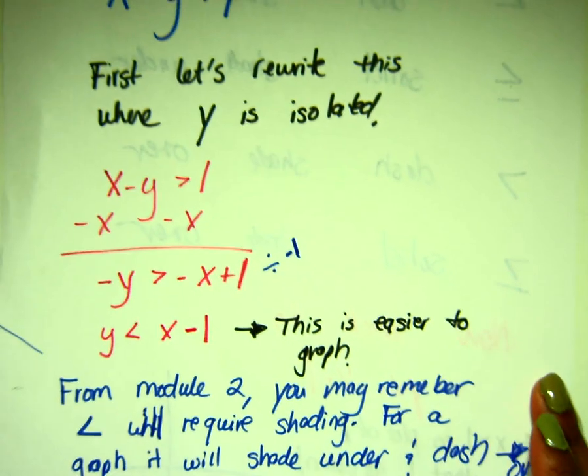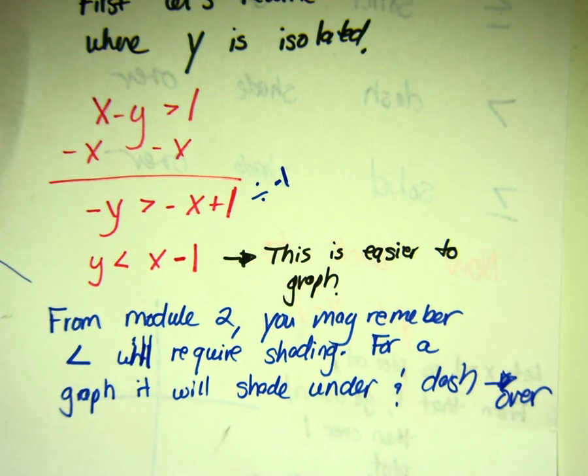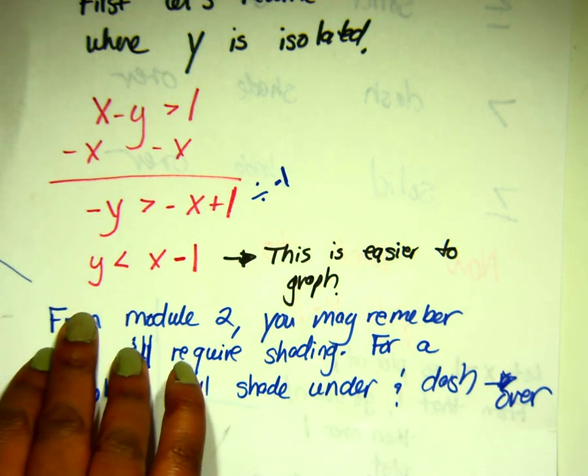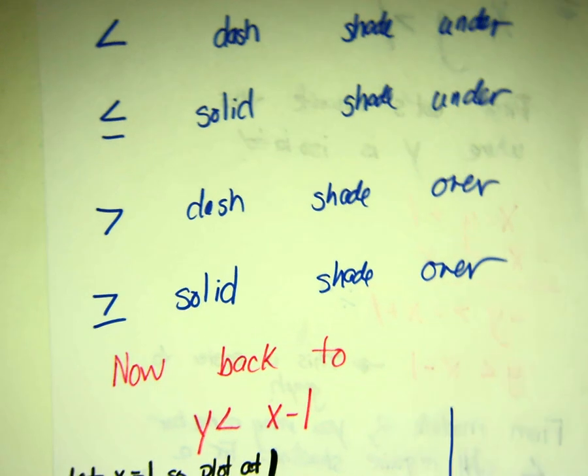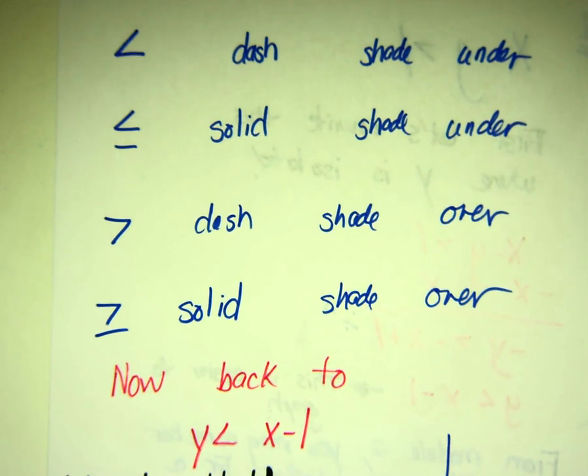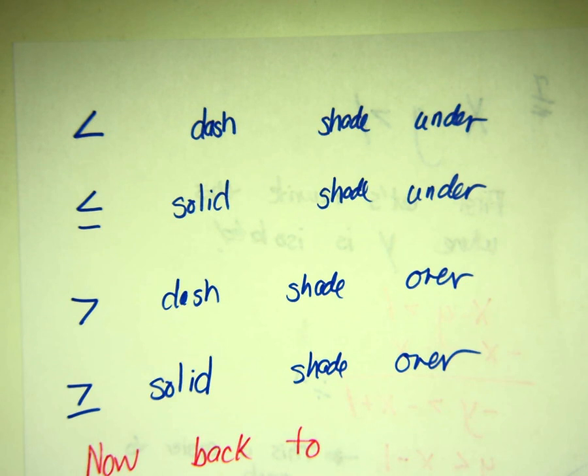Now for Module 2, you may remember that your less than will require shading. For a graph, it will shade under and dash over. So let's go into more details about that. This is an ideal time for you either to pause your video and jot this down real quick. When it's less than, when you're dealing with an inequality in graphing, it's going to be a dashed line and you're going to shade under the line.